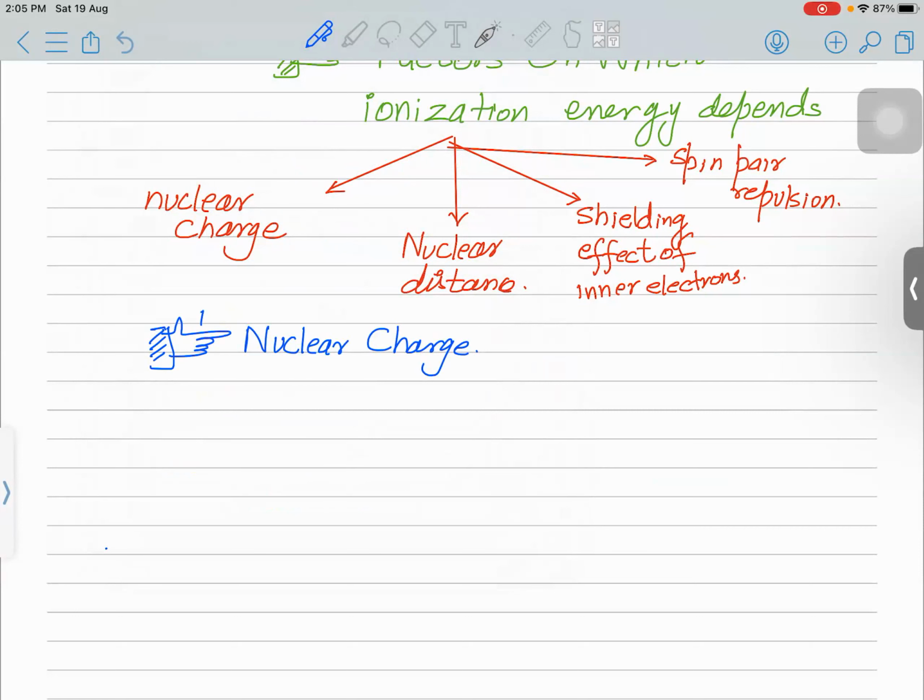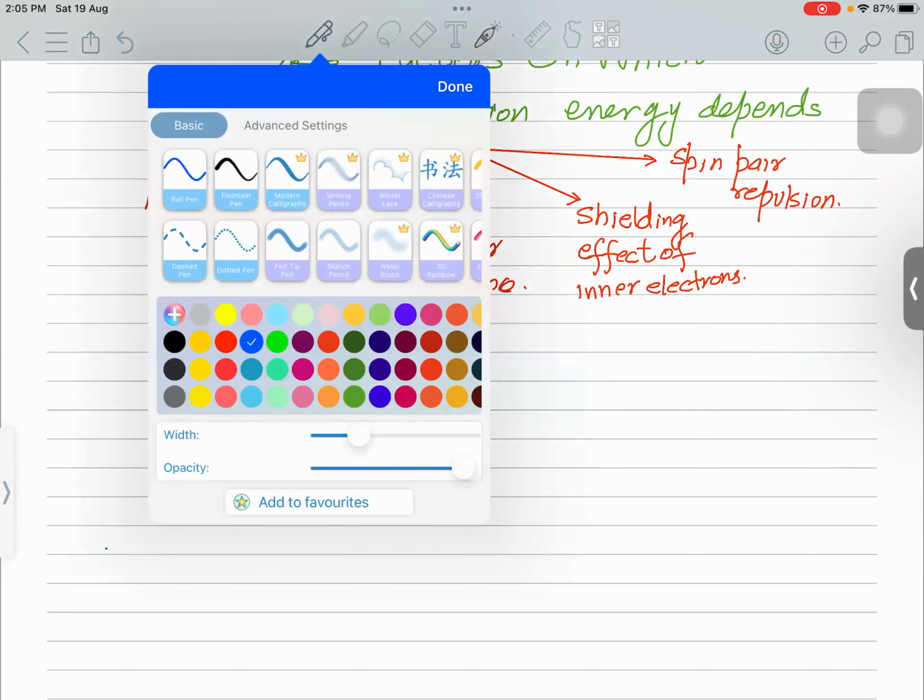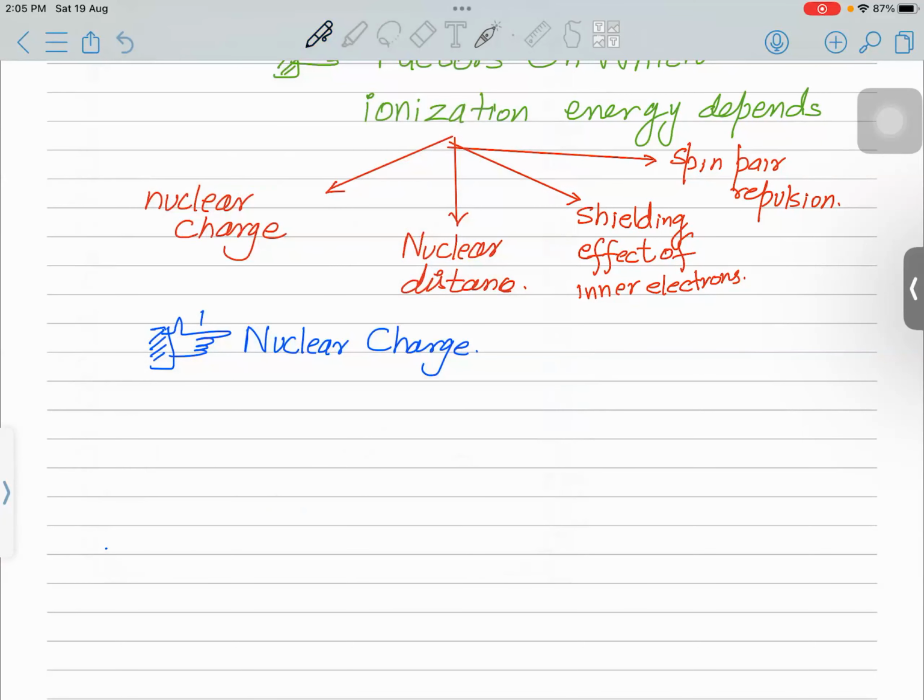No, I'm not sure, sir. Nuclear charge means the number of protons. In the nucleus we have protons and also neutrons, but neutrons do not have any charge, so the only charged particle is the proton.